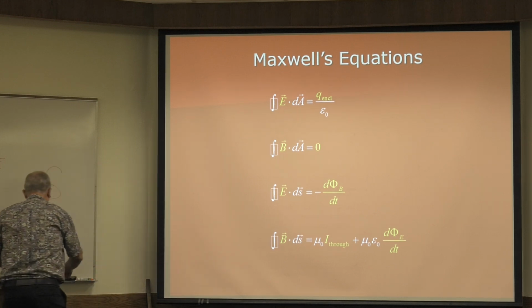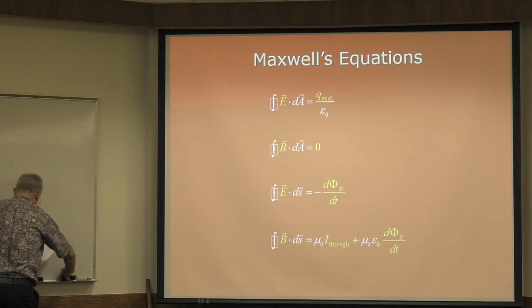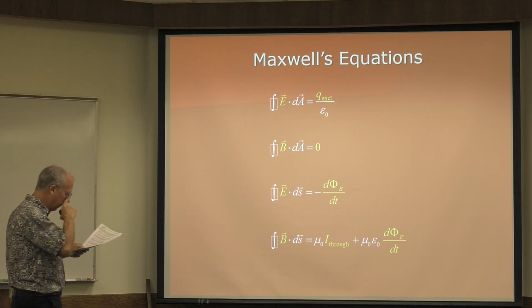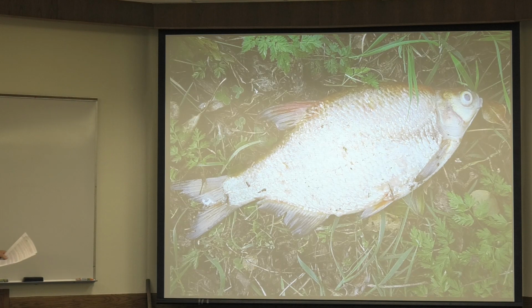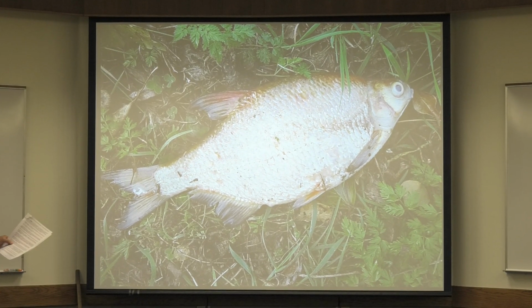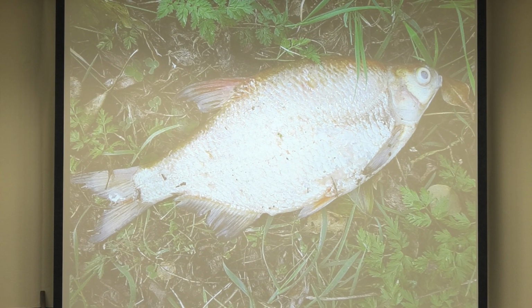Now let me try to explain a little bit more what this electric field is. We wanted to get a definition of the electric field. Here's a picture of a fish, and it's dead. And it's been in the sun for quite a while. So what is this dead fish's most obvious and unpleasant property?